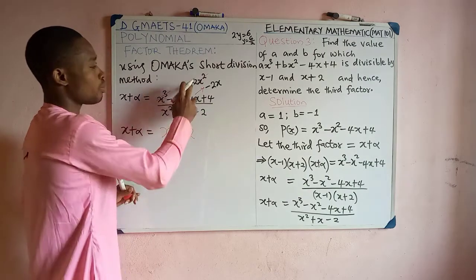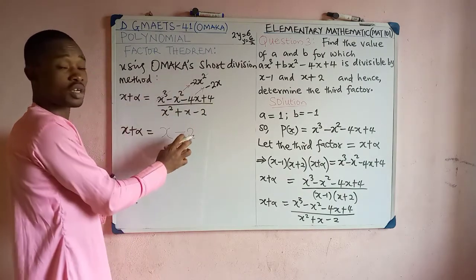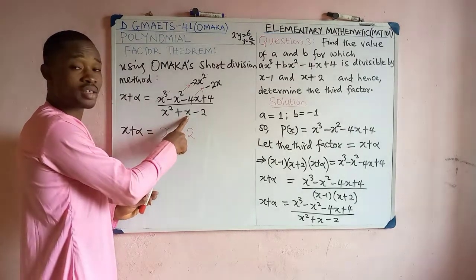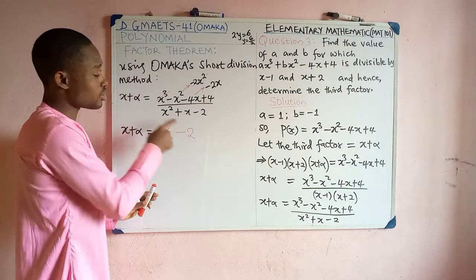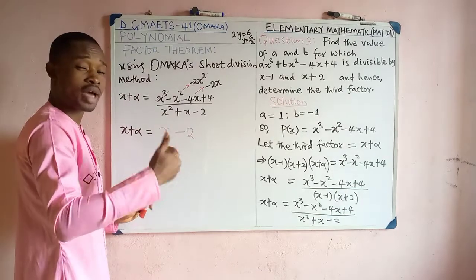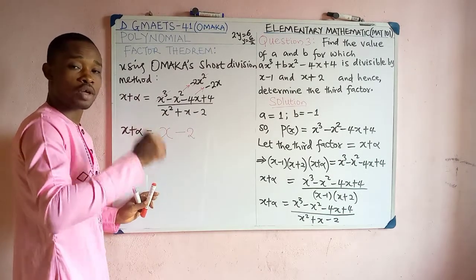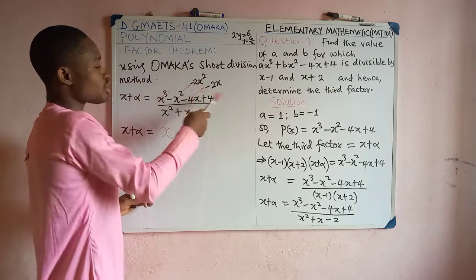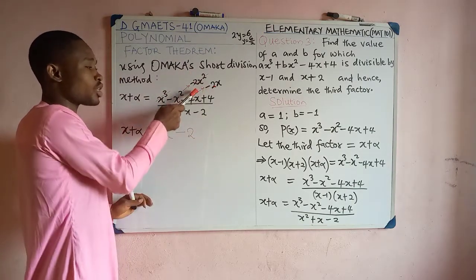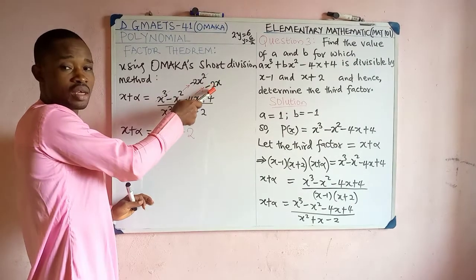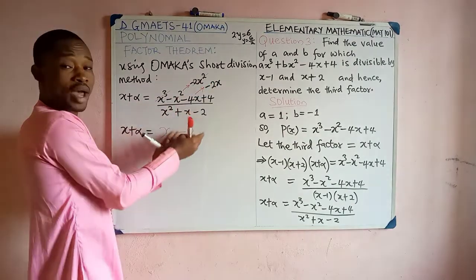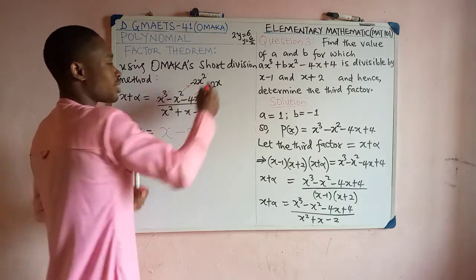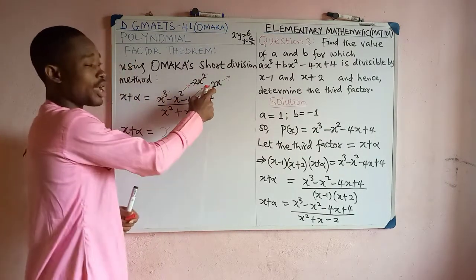Minus 2. Use the minus 2 to multiply this plus x and change the sign. Minus 2 times plus x will give us minus 2x. Change the sign, you get plus 2x. Add it to the like term on top. The like term of x on top now is this, because this minus 4x produced this x term. Is that okay? So we've already gotten plus 2x from under when we change sign. Add it to this minus 2x. Plus 2x minus 2x will give us 0.